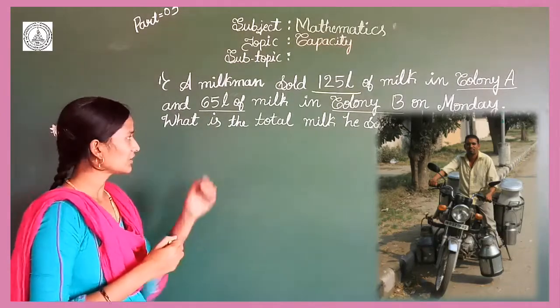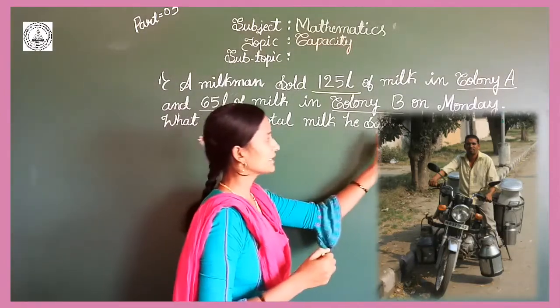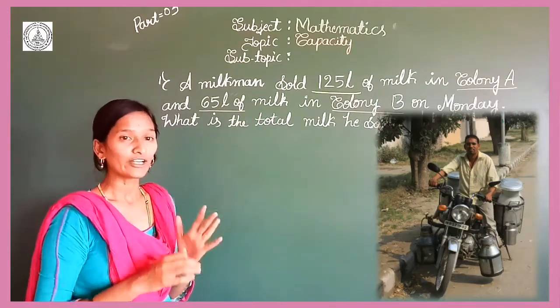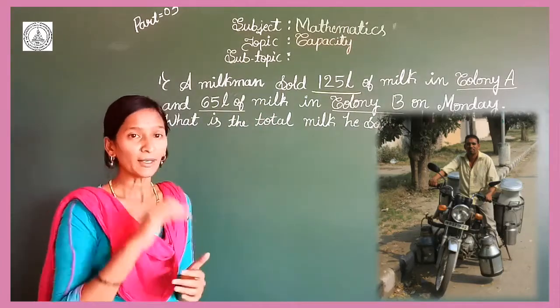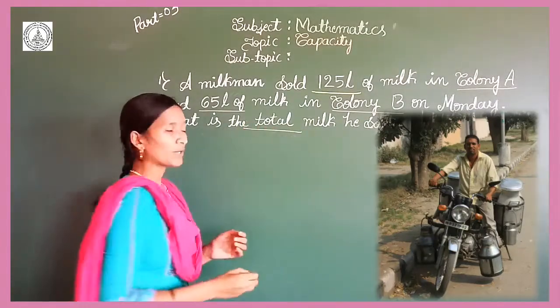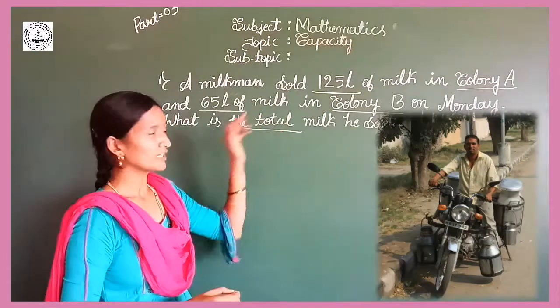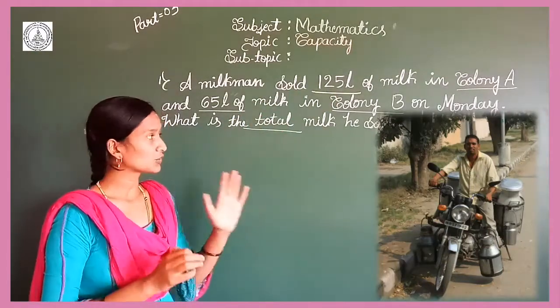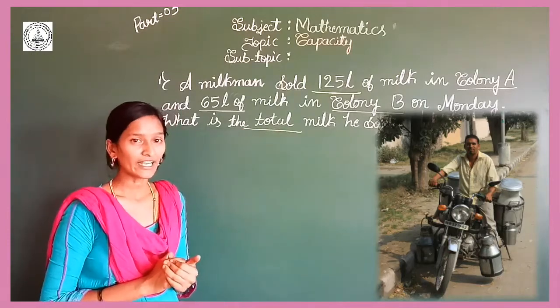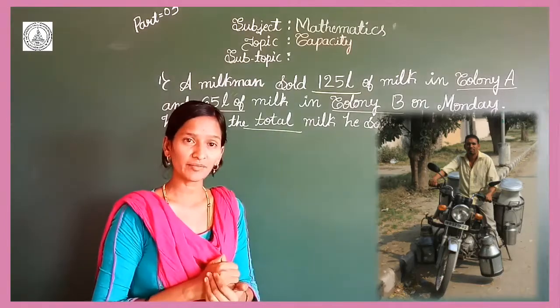So next, look here. What is the total milk he sold on Monday? Yes, here you have to find out the total milk sold by the milkman, right? See, total means you have to add these 2 liters. Then you are getting the total milk he sold on Monday, right? So students, what is your first statement?